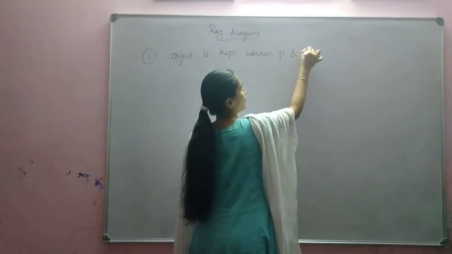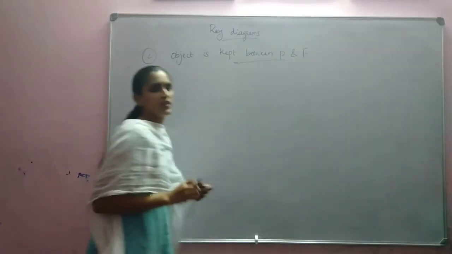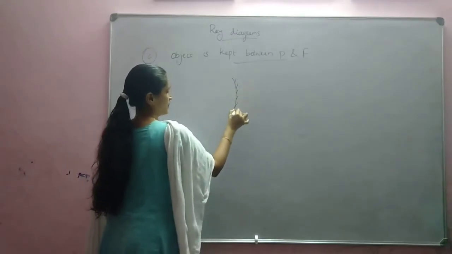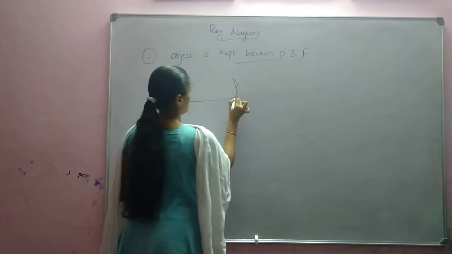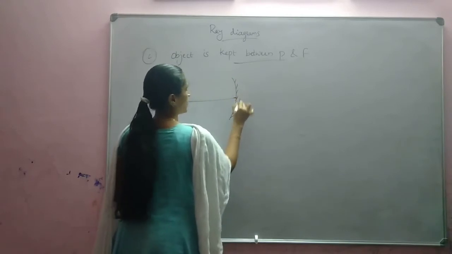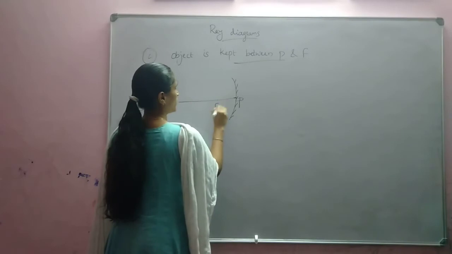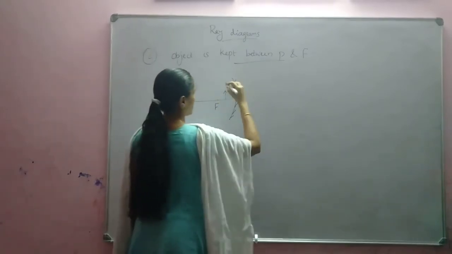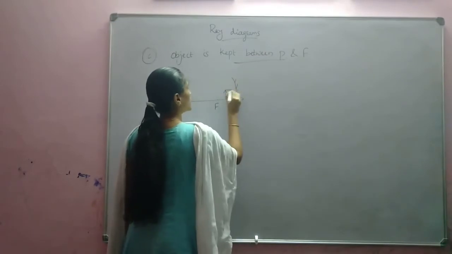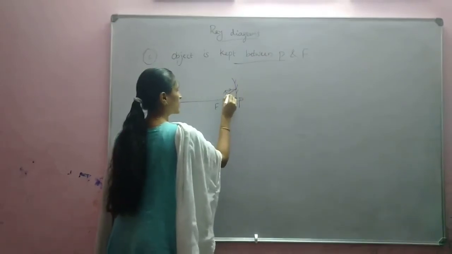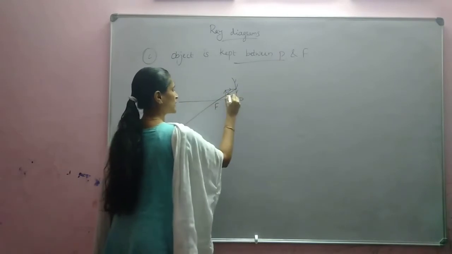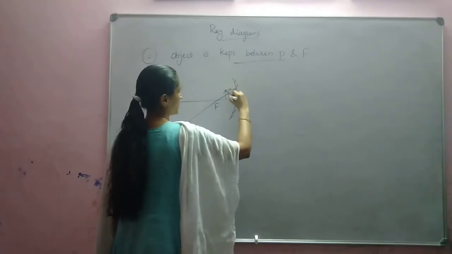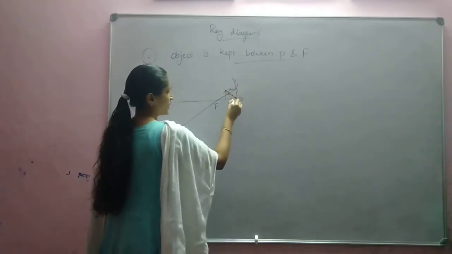P and F, between pole and focus, okay? Pole, focus. So here we are keeping an object. We can draw a ray parallel to the principal axis, after reflection, passes through the focus, and a ray which makes some angle with the principal axis, the reflected ray also will make the same angle.